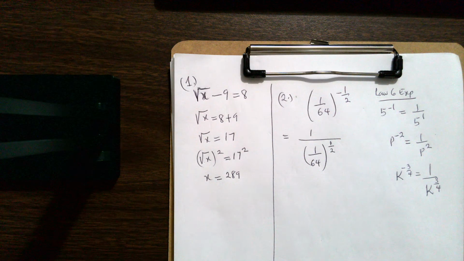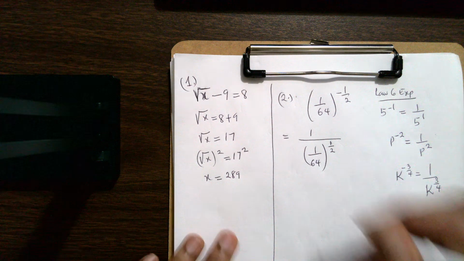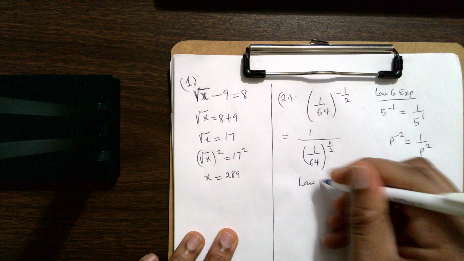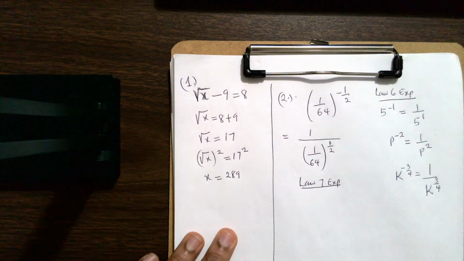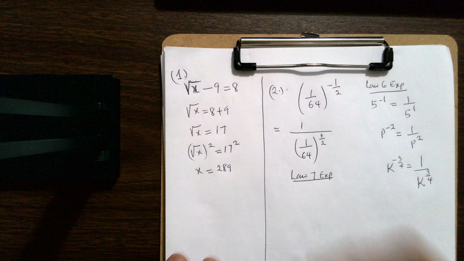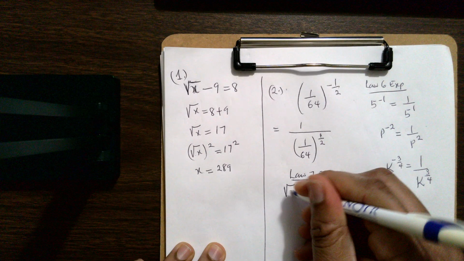Then the next thing is we want to use law 7 on exponents, which deals with radicals. Fractional exponents give us radicals. For example, the square root of x means x to the half.